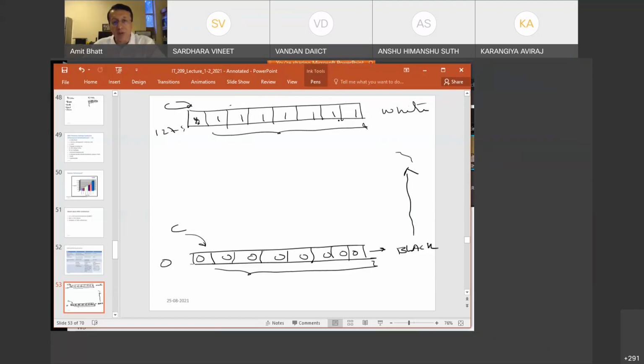At this point, in 1, 1, 1, 1, 1, 1, 1, if you add one more to it, it will become 0, 0, 0, 0. And 1 will be carry. But this is the thing which is seen. So now from all ones, it has turned into all zeros.